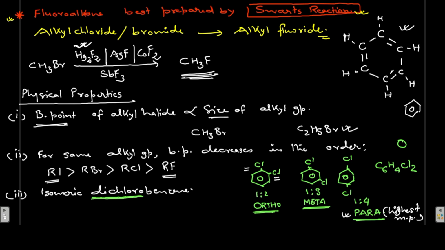See, these are very near to each other, but here it appears somewhat stable. How stable? Because it is more symmetrical, is it not? More symmetrical means more stable, and a more stable compound will have a higher melting point.